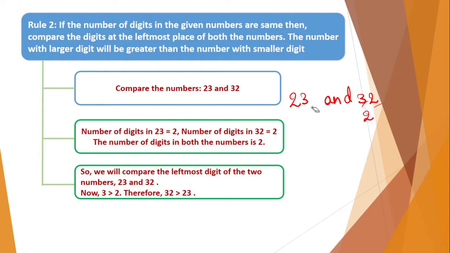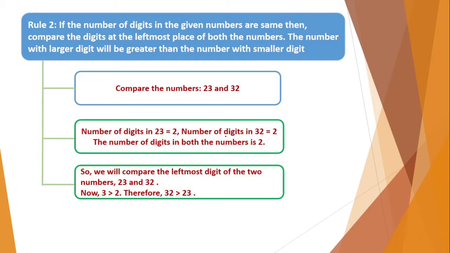So we have the second rule to compare numbers with equal digits. The second rule is, if the number of digits in the given numbers are same, then compare the digits at the leftmost place of both the numbers. The number with larger digit will be greater than the number with smaller digit.